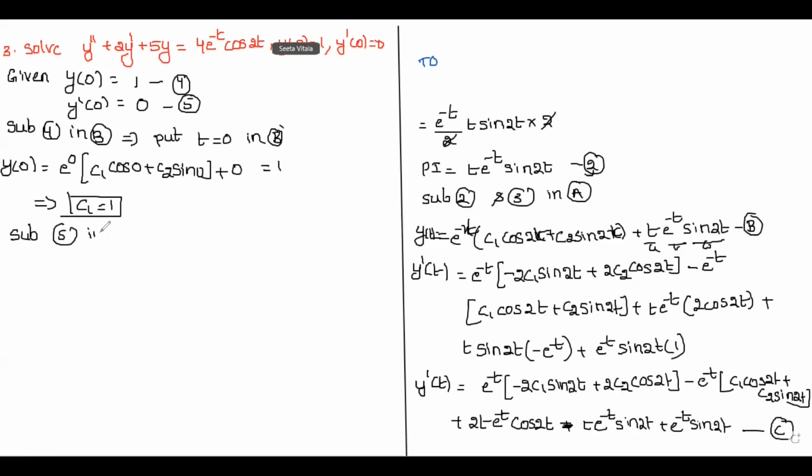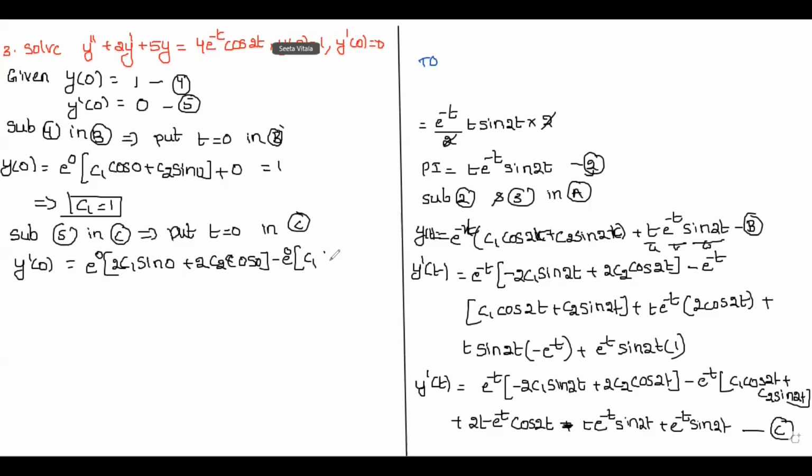Substitute 5 in C, which implies you have to put t is equal to 0 in C. So y dash of 0 is equal to e power 0 into minus 2c1 sin 0 plus 2c2 cos 0, minus e power 0 into c1 cos 0 plus c2 sin 0, and here these terms become 0, these terms become 0, and plus e power 0 into sin 0.